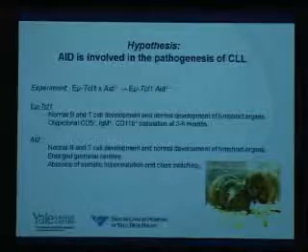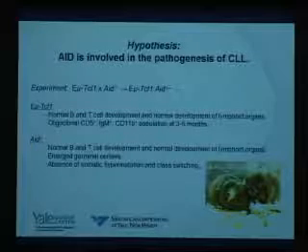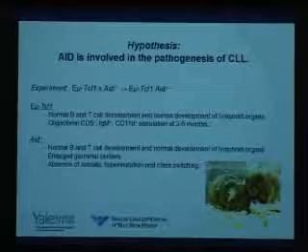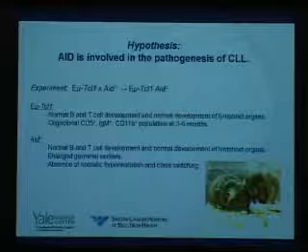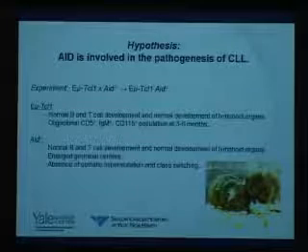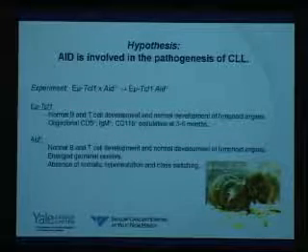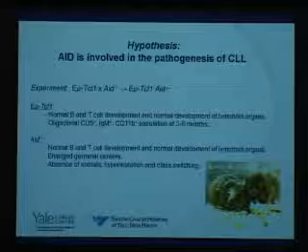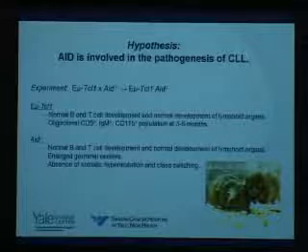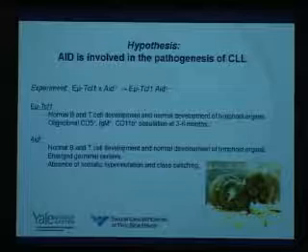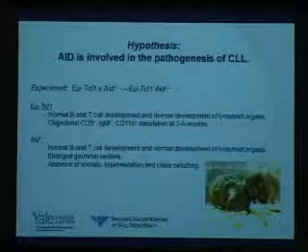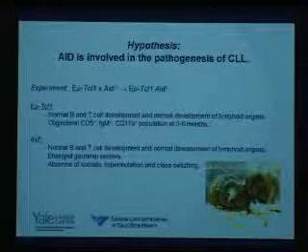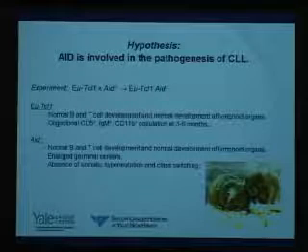So our hypothesis is that AID is involved in the pathogenesis of CLL, and our simple experiment was to just cross the TCL1 mice onto an AID deficient background. What we see is that Eμ-TCL1 mice have normal B and T cell development and normal development of lymphoid organs.